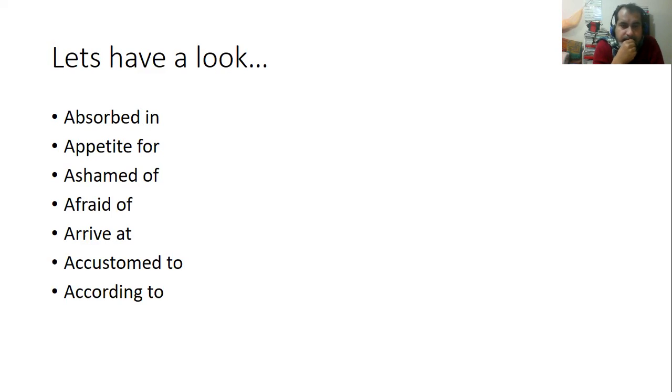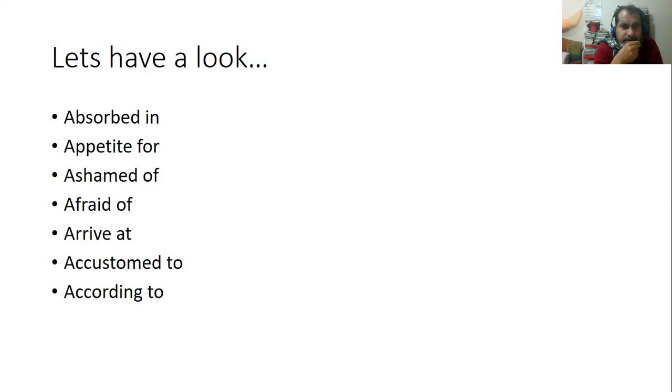So there is the preposition of after the word afraid. Say these prepositions several times, reiterate these things several times, and learn this, get it by heart, so that you won't forget this for the rest of your life.